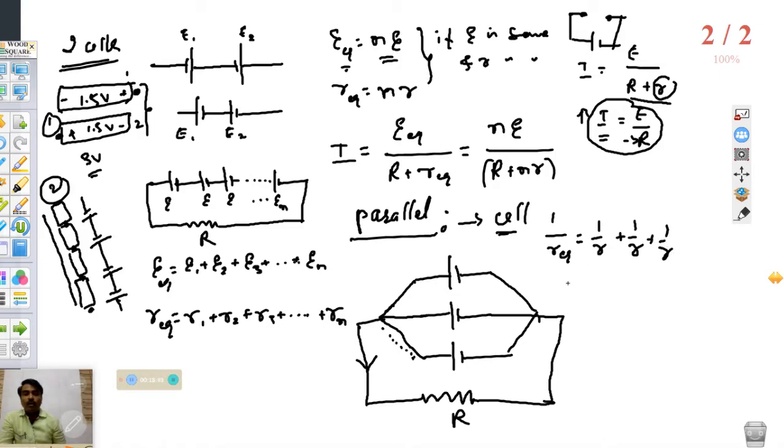Or the reciprocal of this is equal to R times n. It is R equivalent. Hence now I equals the current with respect to the internal resistance, E divided by capital R plus R by n. So this is about the cells in parallel combination.